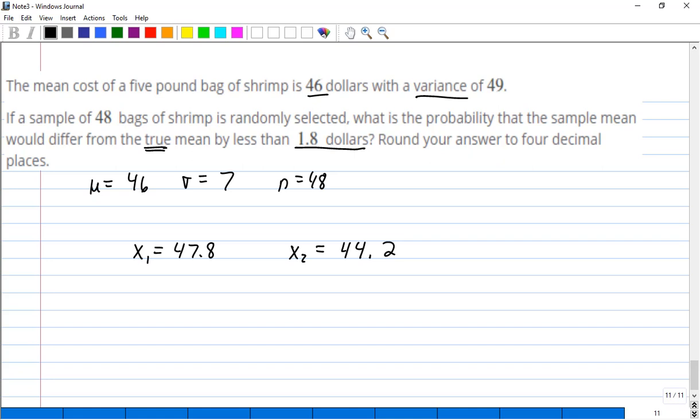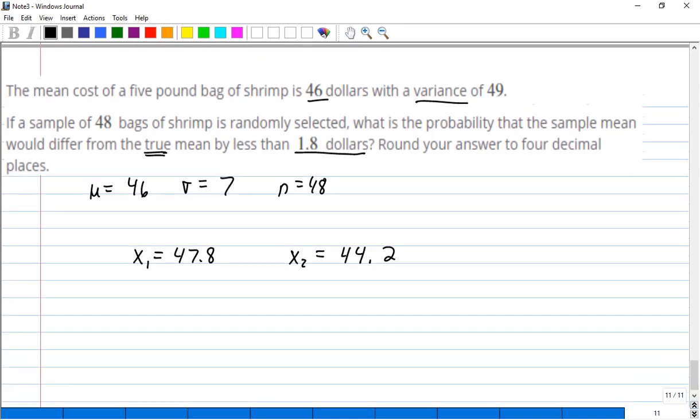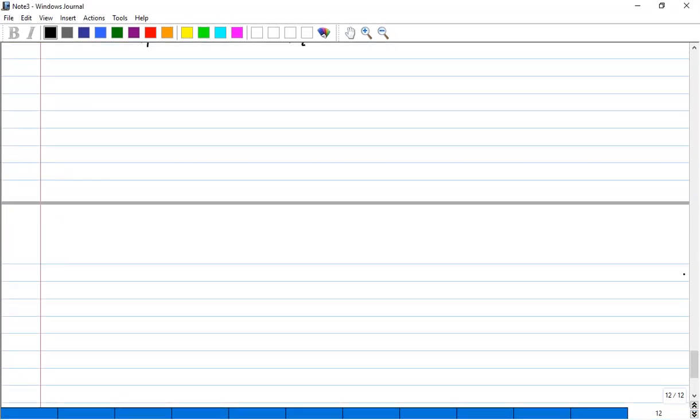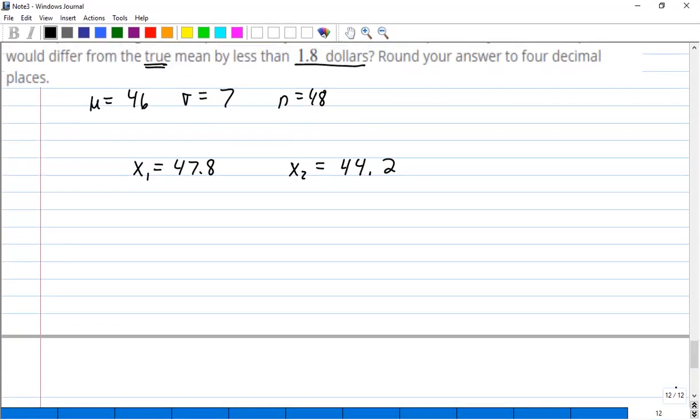So what is the probability that the sample mean would differ from the true mean by less than $1.8? So if we can find a z-score for each one of these, what did we do with 2 z-scores before? We found the area between the two, right?